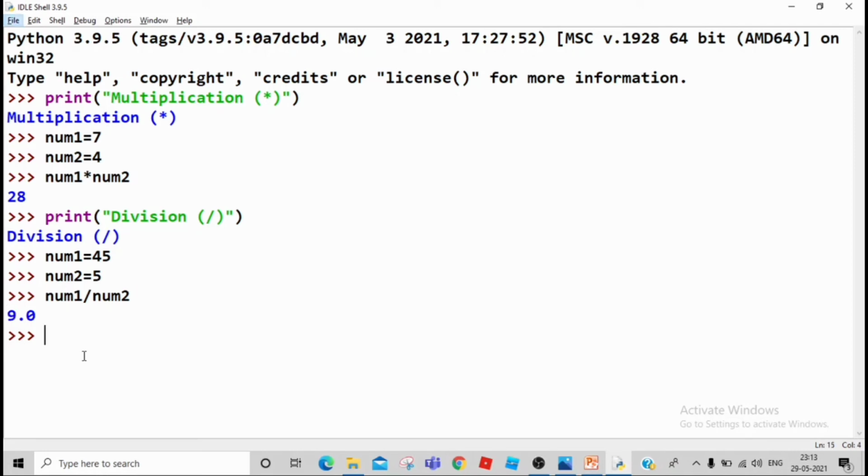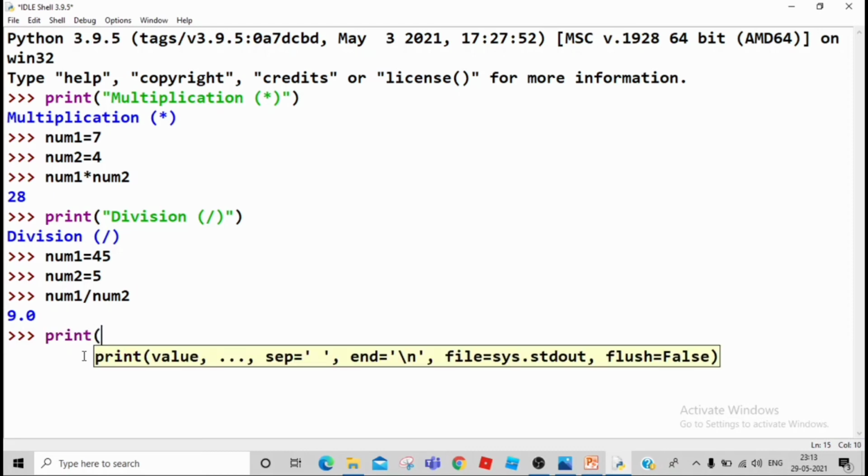Now I'm going to tell you about the exponential operator. So what's an exponential operator? First I will show you the sign of the exponential operator.